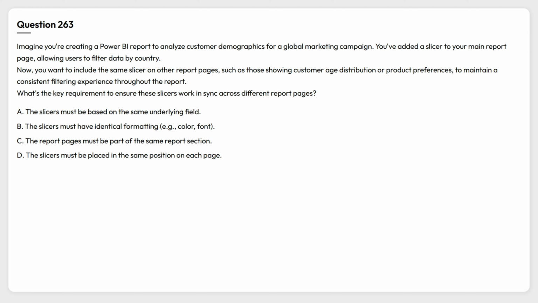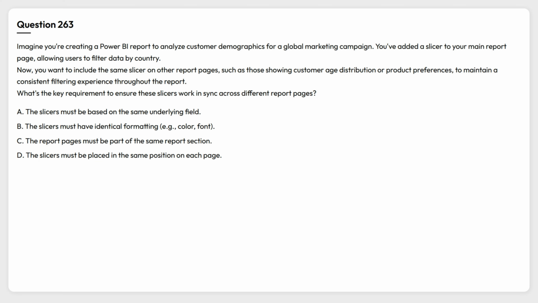Now, you want to include the same slicer on the other report pages, such as those showing customer age distribution or product preferences, to maintain a consistent filtering experience throughout the report. What's the key requirement to ensure the slicers work in sync across different report pages?